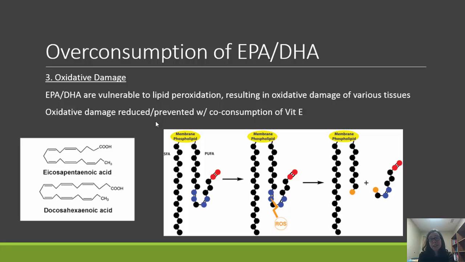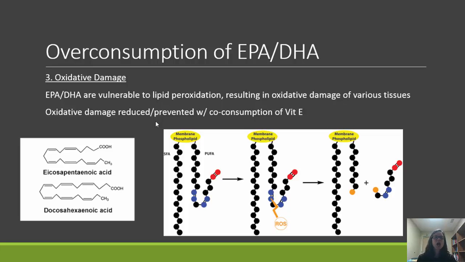So basically it results in oxidative damage of various tissues. Now, we know that EPA and DHA definitely undergo this lipid peroxidation ex vivo, but it is really not clear how much this occurs in our body.